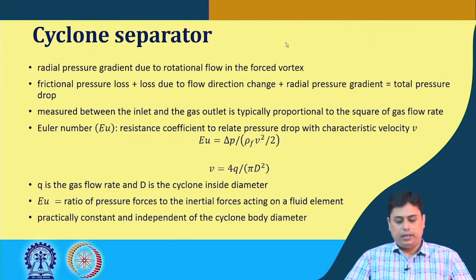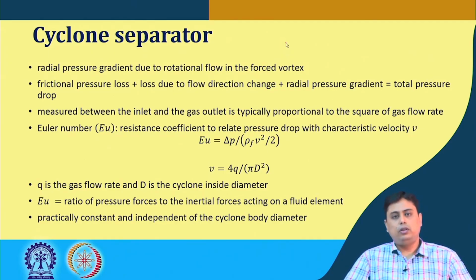Now, in such a cyclone separator, there is a radial pressure gradient due to the rotational flow of the free forced vortex. The total pressure drop is measured between the inlet and the gas outlet. This total pressure drop is a frictional pressure drop plus the loss that happens due to the flow direction change of the vortex, plus this radial pressure gradient.